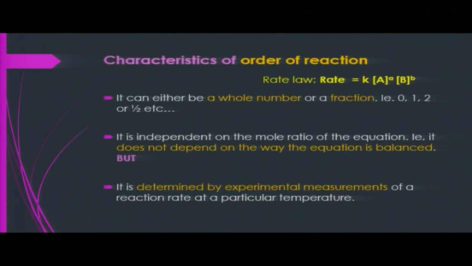Characteristics of the order of a reaction. Basically, the order of a reaction can be a whole number or it can be a fraction. You can have 0, you can have 1, or whichever value. So the order of a reaction, if I can bring it to layman's understanding, is basically how the change in concentration affects the rate.